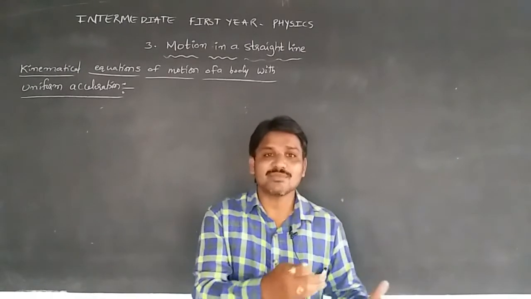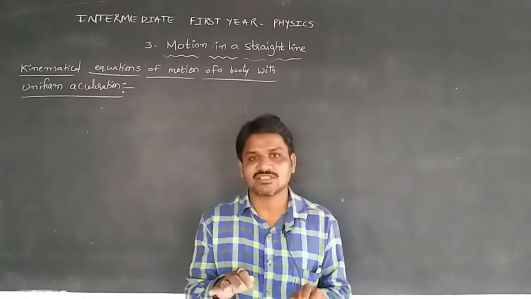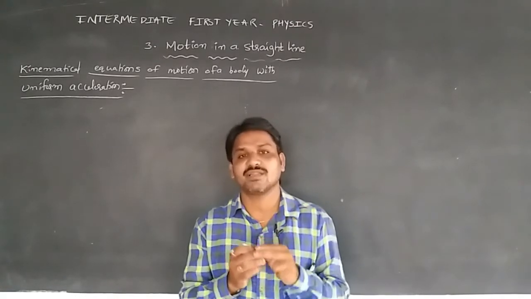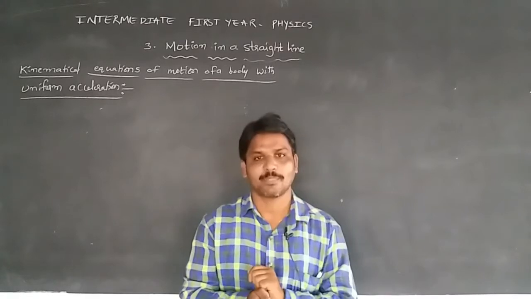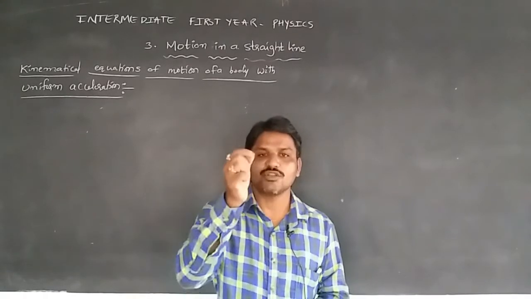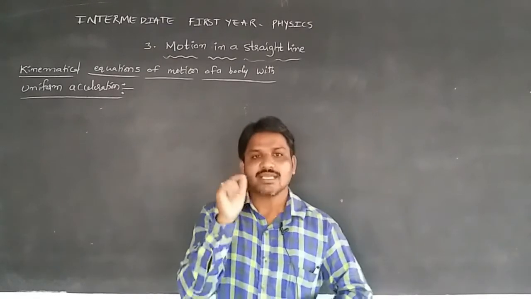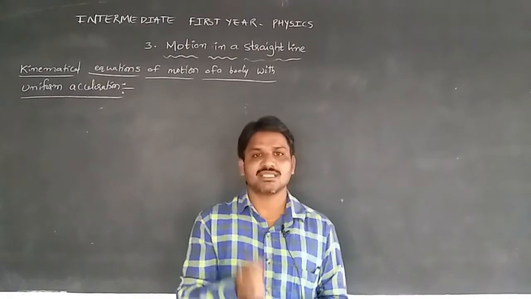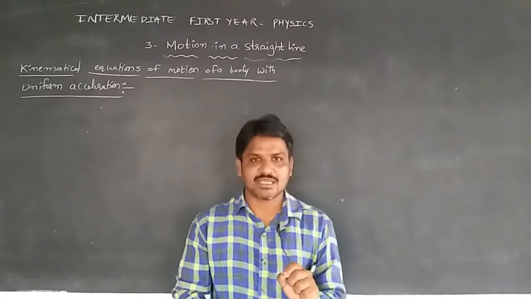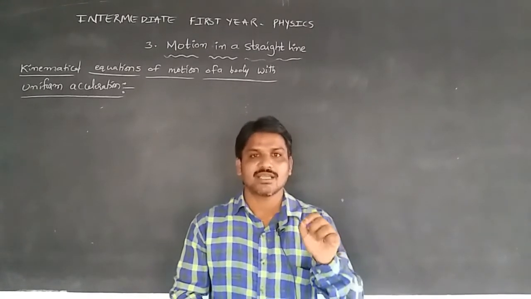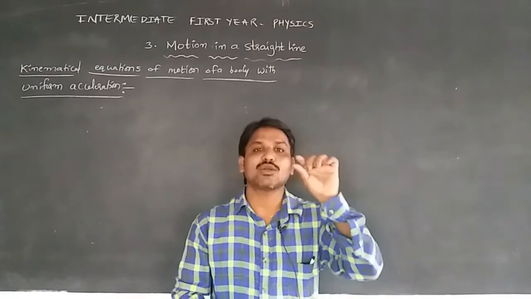It is incrementing, not maintaining the same velocity. If it maintains the same velocity, that is uniform velocity, and then acceleration will be 0. If the body is in uniform velocity, then acceleration will be 0. So uniform acceleration means the body must be increasing its velocity in equal intervals of time.